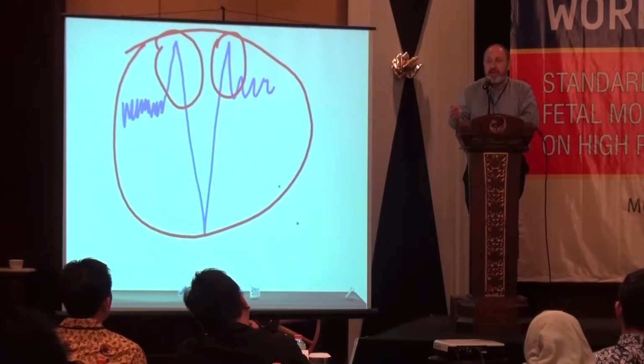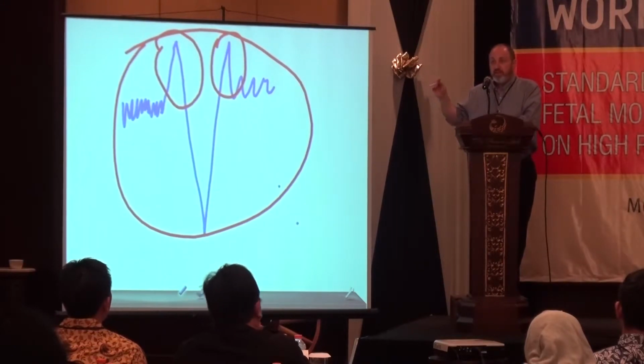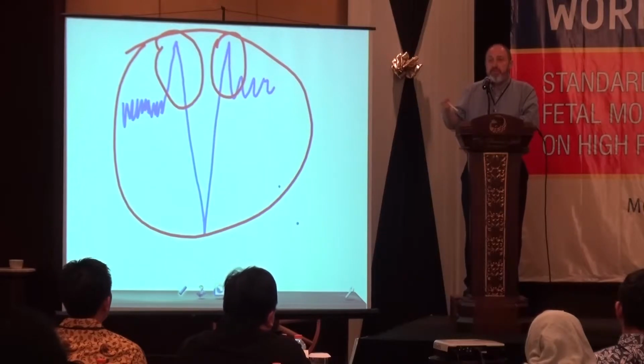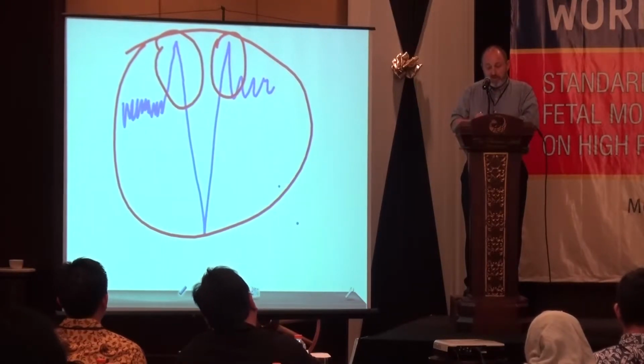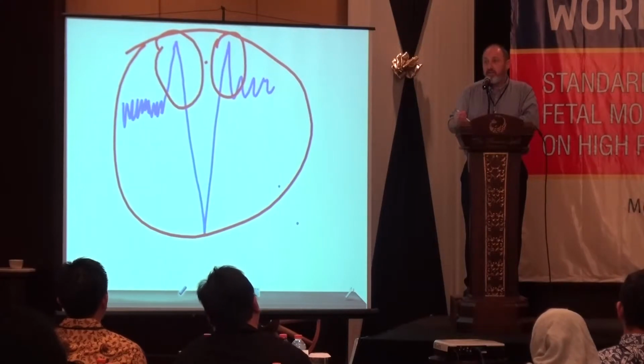This is how you would expect that fetus's heart to respond. So shouldering is a good sign. It means the baby is capable of demonstrating a physiological response to umbilical cord compression. So the presence of these shoulders is a good sign. Yeah?